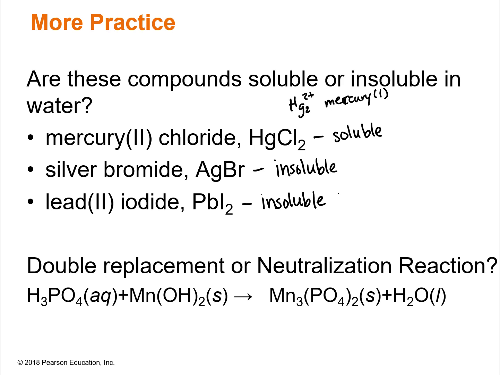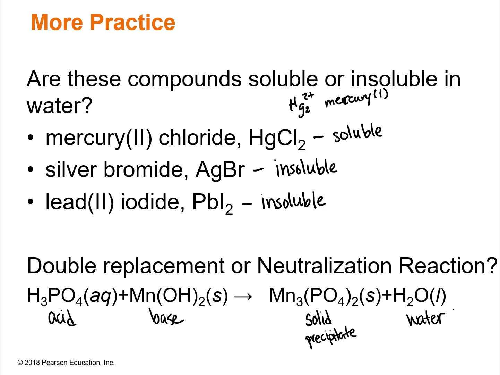Now we have a reaction here where we're mixing an acid and a base. We're forming a solid precipitate and water. I'm not going to give you anything this tough.